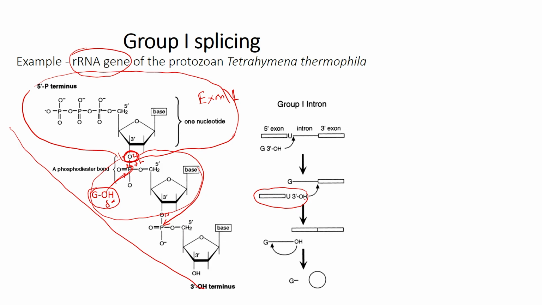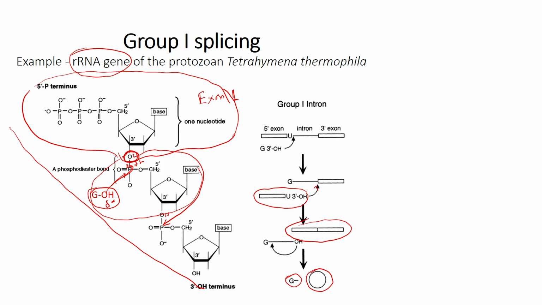And now this exon at the end of the intron, again it makes a nucleophilic attack. So now this and this came together, and GOH is removed. From there G can be removed and this can become a circular one. So this is group 1 splicing.